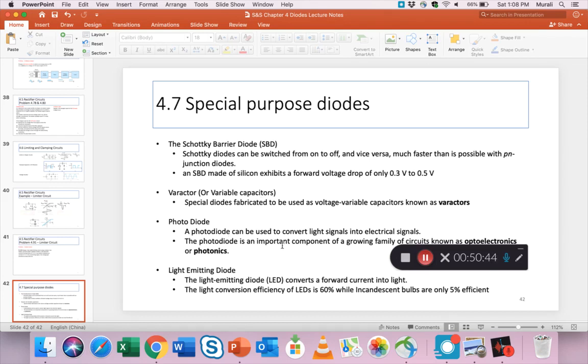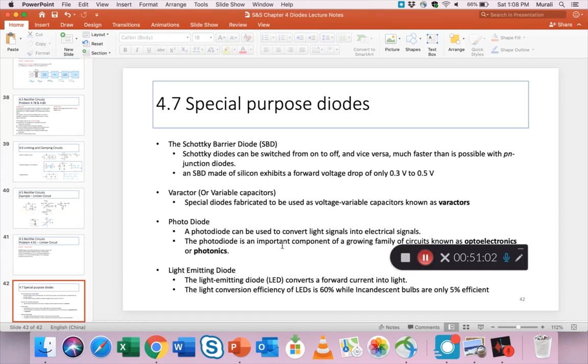Photodiodes. A photodiode is a diode that can convert light signals into electrical. So they are used for a lot of sensors where, let's say you want to put a sensor by your door, so somebody comes, immediately you hear an alarm in your house.